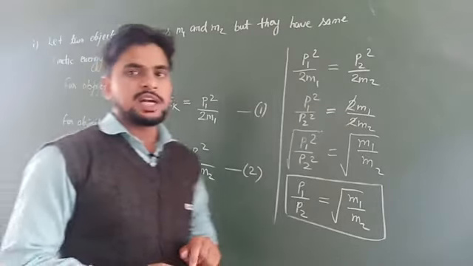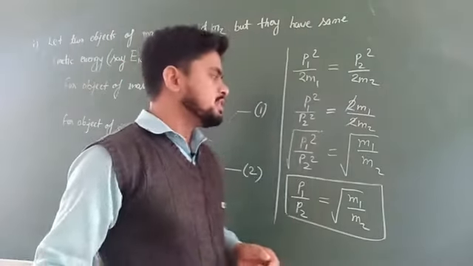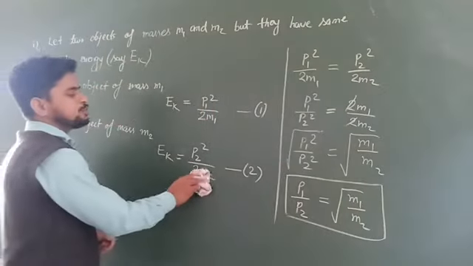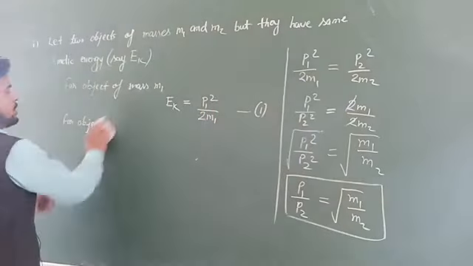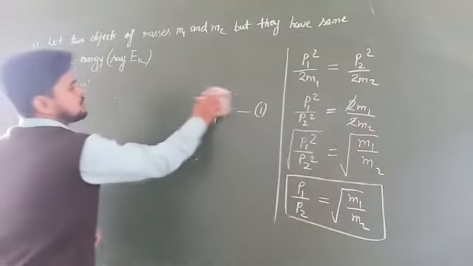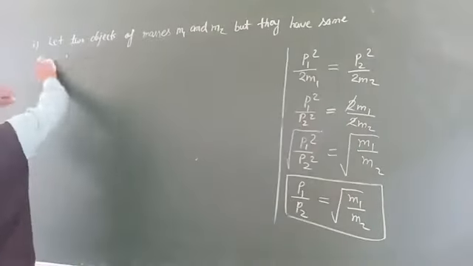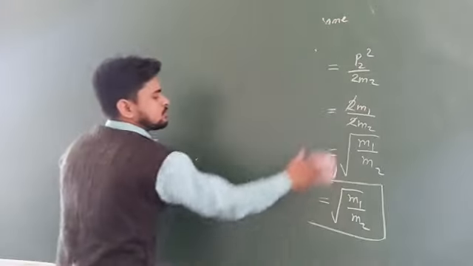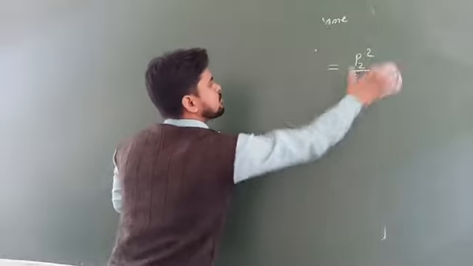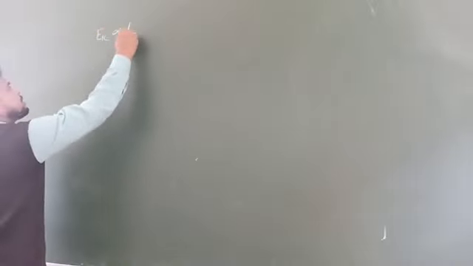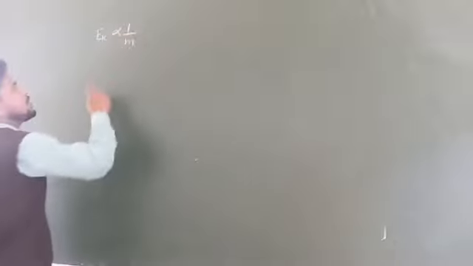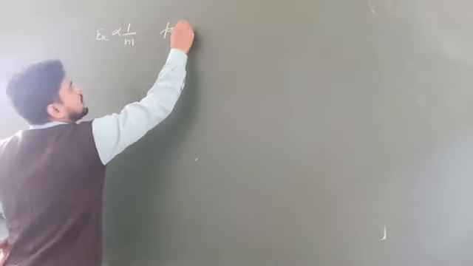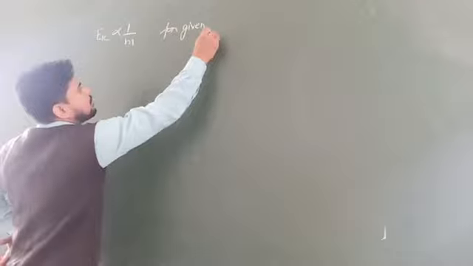So students, we have derived three important relationships with the help of the equation Ek equals p square by 2m. Let us summarize the relations. First, the kinetic energy Ek is inversely proportional to mass for a given momentum.